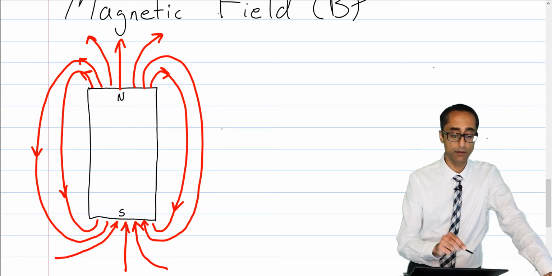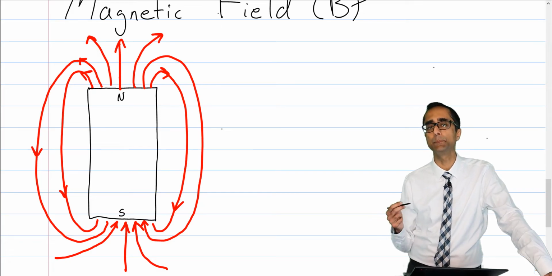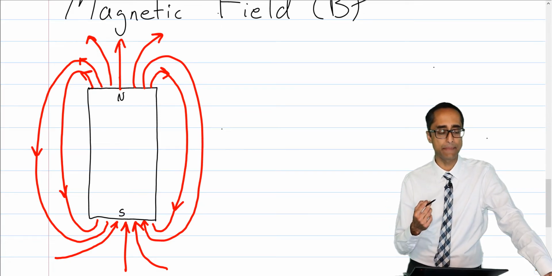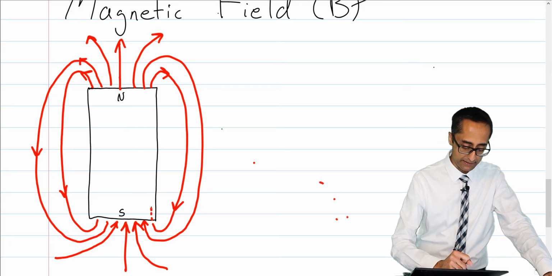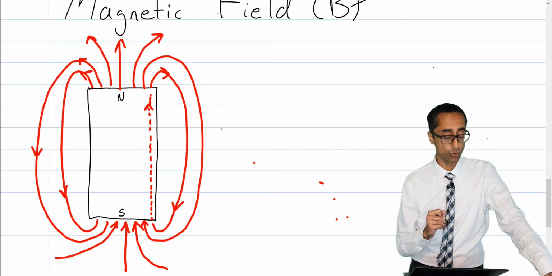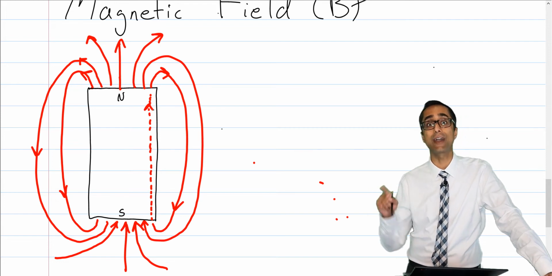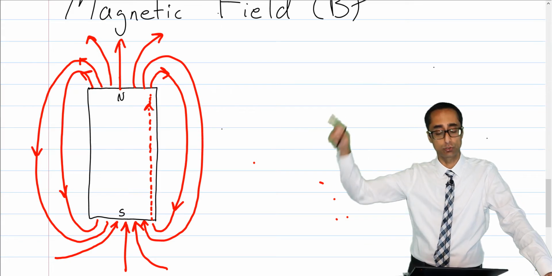All right, and so what we have here is a pattern that we saw produced by the magnetic field from that bar magnet in the video. But you start to wonder what happens in between, like what happens within the magnet itself. Well, what we actually understand is that these magnetic field lines, I'm drawing them dotted here because this is within the magnet itself, close around each other. So these magnetic field lines are actually continuous loops.